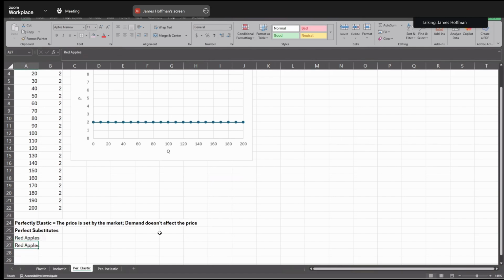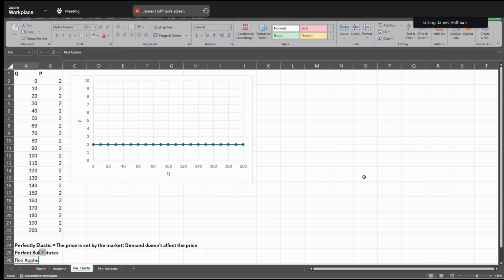And let's say there's a vendor that sells the same apple, nothing different about it, for $2, and another vendor that sells it for $2.50. Exact same apple across the street. So is anybody going to buy the $2.50 apple? No, right? Because they can get the same apple for $2. So they have to be the exact same thing, which you can substitute.